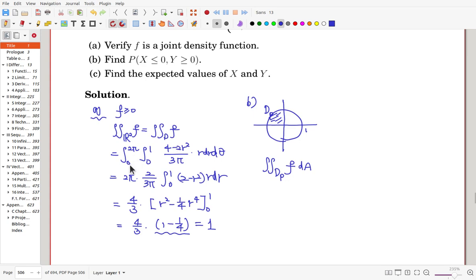This one has from 0 to 2 pi for whole circulation, but now we have to use here from pi over 2 to pi, which is a quarter of the whole region. So we can get it after calculating the whole thing. You will have the answer, a quarter.